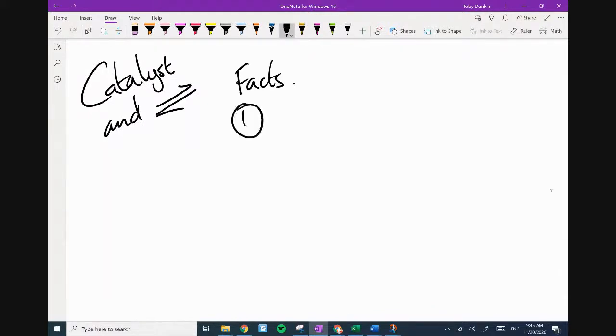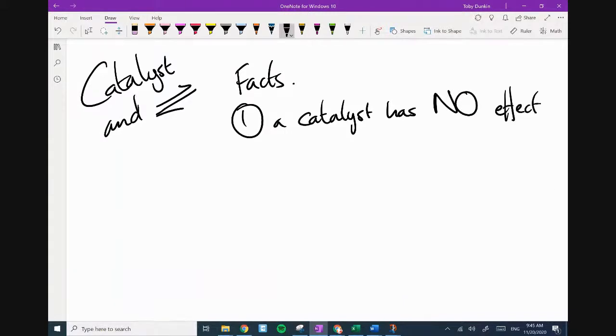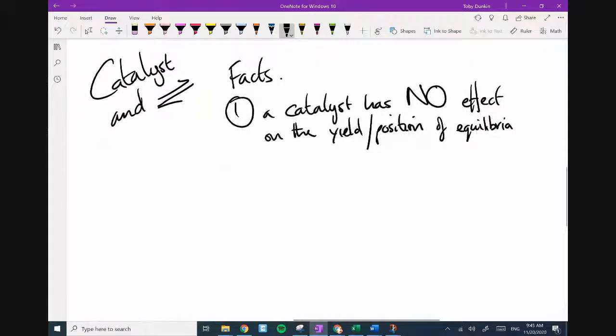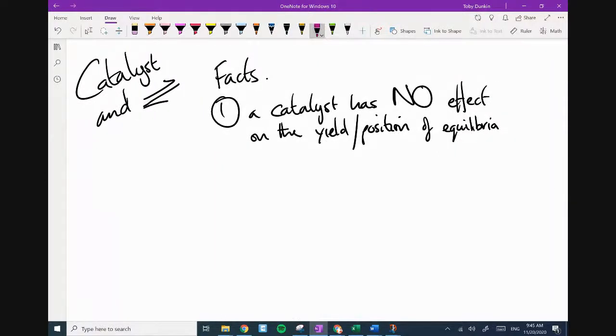Number one, a catalyst has no effect on the yield or position of equilibria, because they're the same thing. On any equilibrium. So the question is, why?